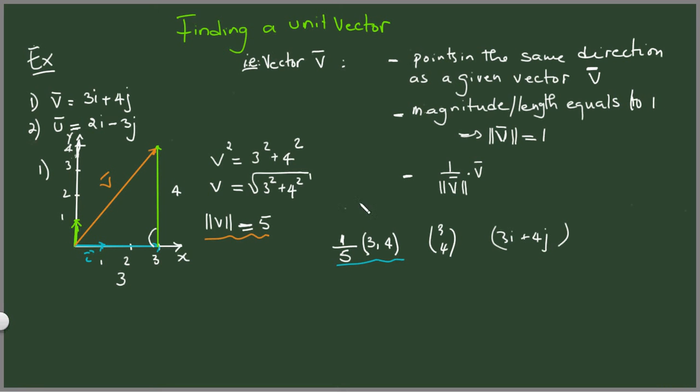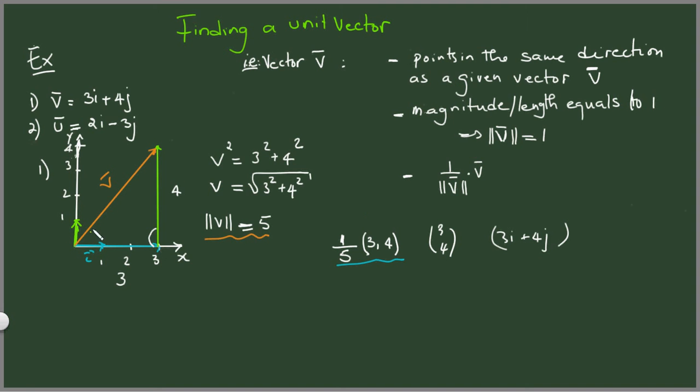And what is that? We said that the unit vector points in the same direction as the given vector, so it's going to point in this direction here, and has a magnitude equal to 1. So the vector v has 5 units, but the unit vector is only 1/5 of that. That's what we said.